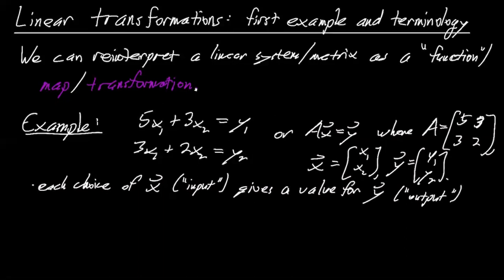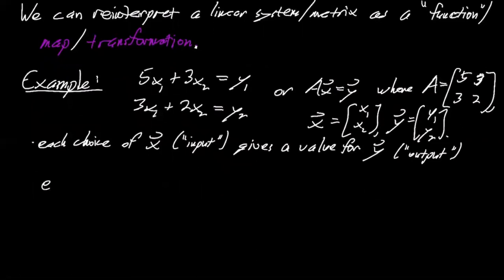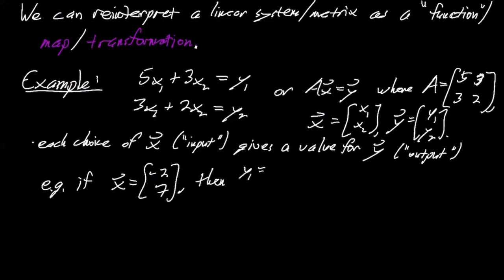Just for example, let's say x is the vector -2, 7. Then what's y1? We plug in -2 for x1 and 7 for x2, and we get 11.